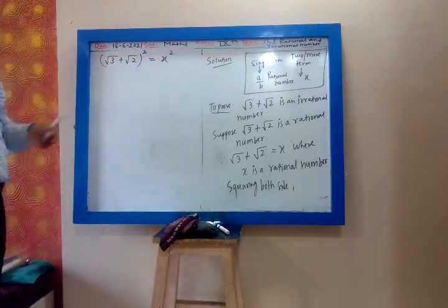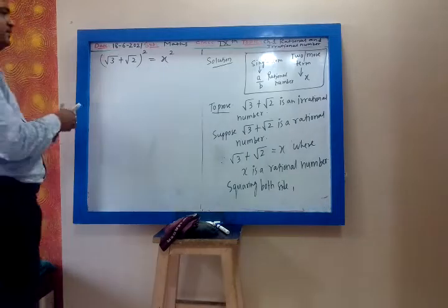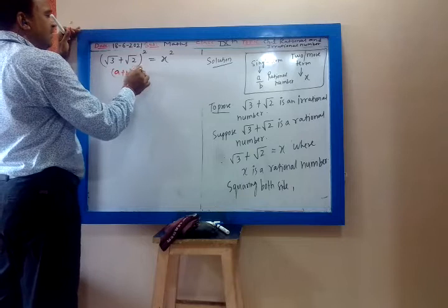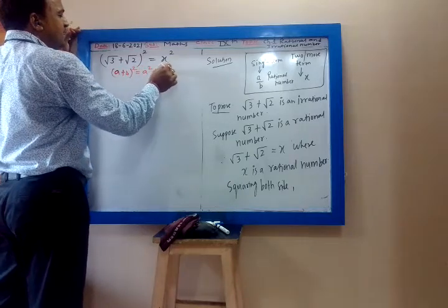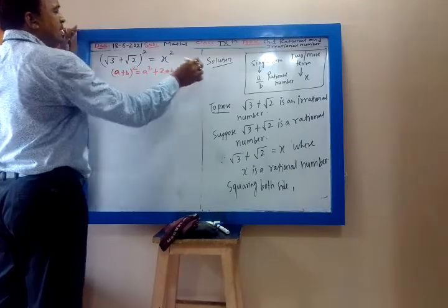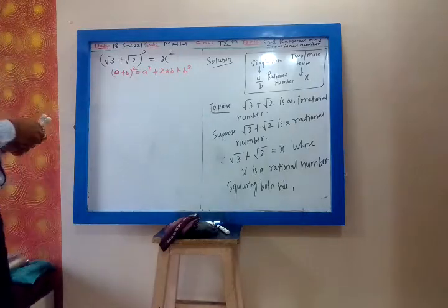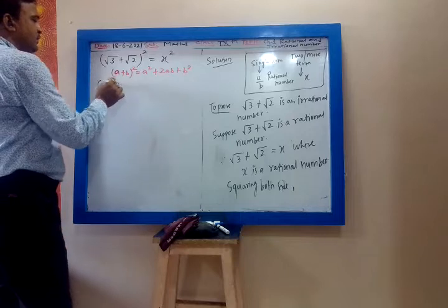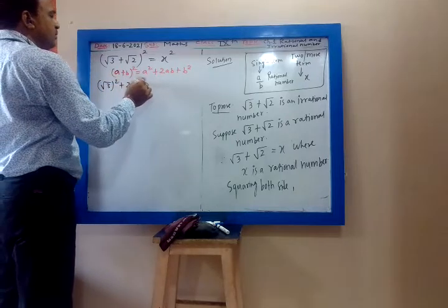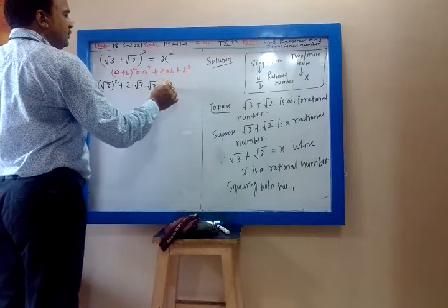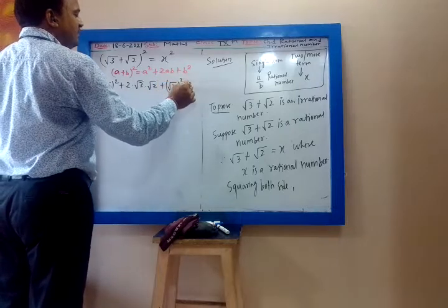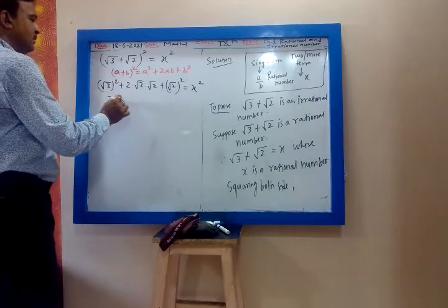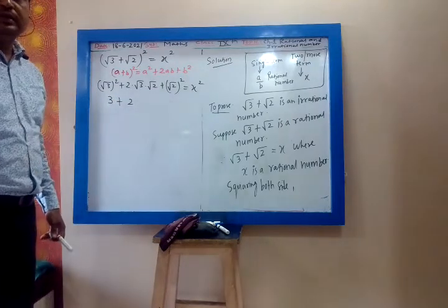Now on the left hand side, use the a plus b whole square formula, that is a square plus 2ab plus b square. So that will be root 3 square plus 2 into root 3 into root 2 plus root 2 square is equal to x square. What is root 3 square? 3, plus 2 into, what is root a into root b?